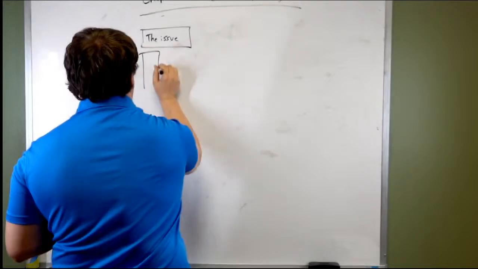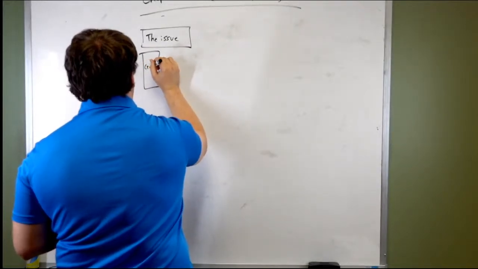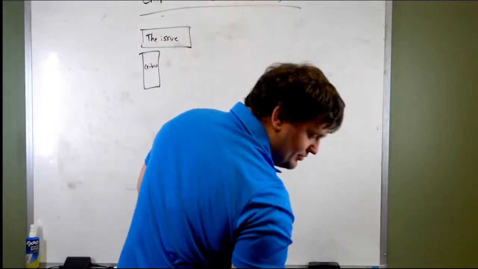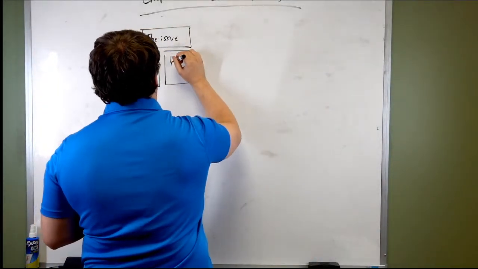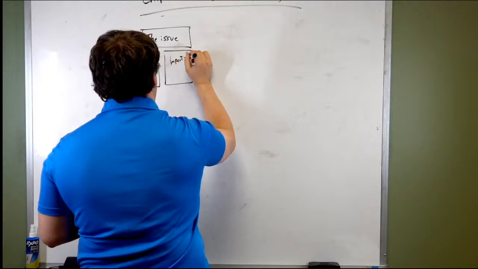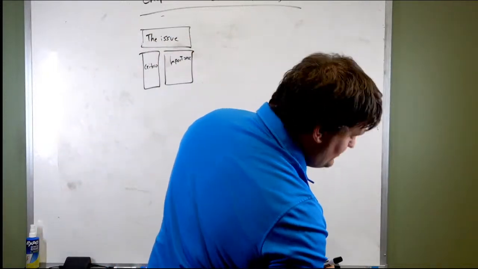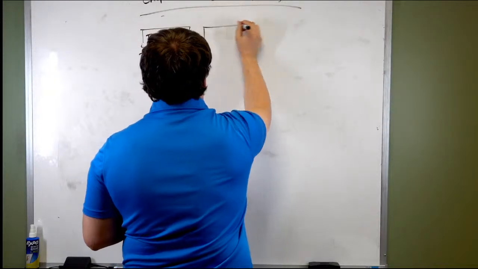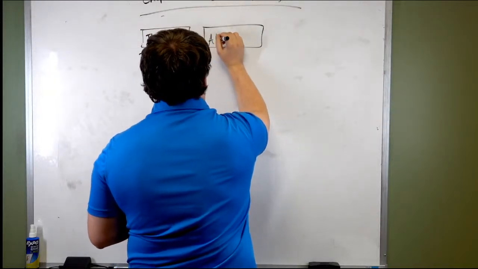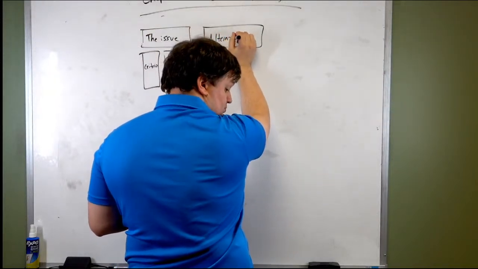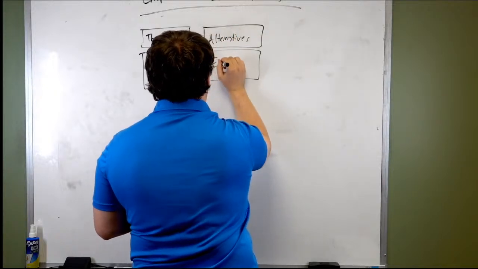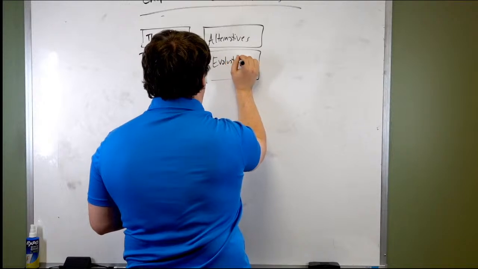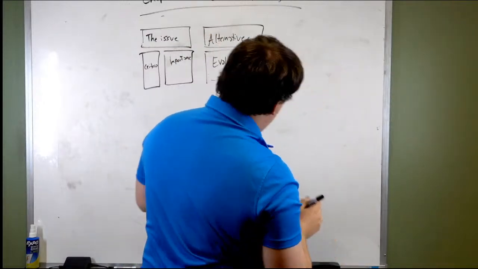And then down here you have a box that says criteria, and then you have importance, and then you have alternatives. Here's your evaluation, and here are your results.